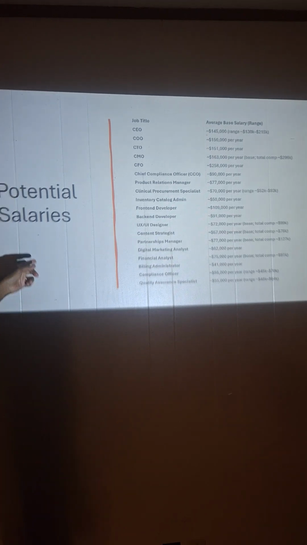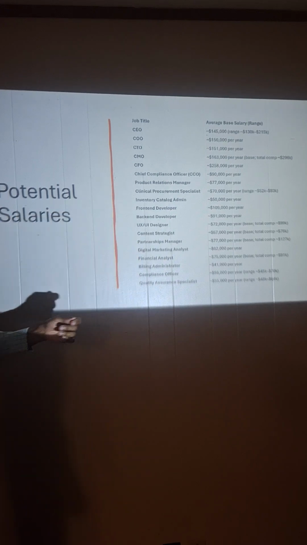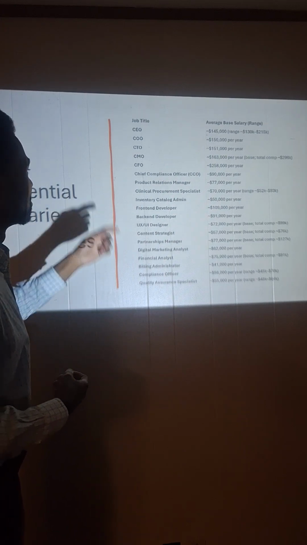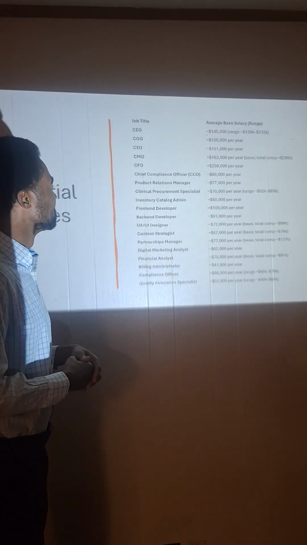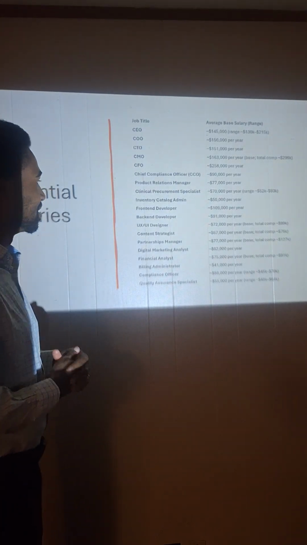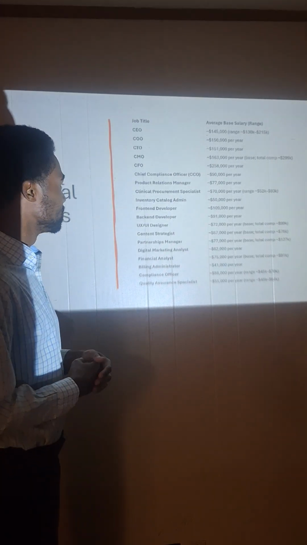Here you'll see some of the potential salaries for these positions. The C-level executives are well over six figures, as you can see with the chart, minus the CCO, who is a little below six figures, but I mean $90,000, that's still pretty good, if you ask me.